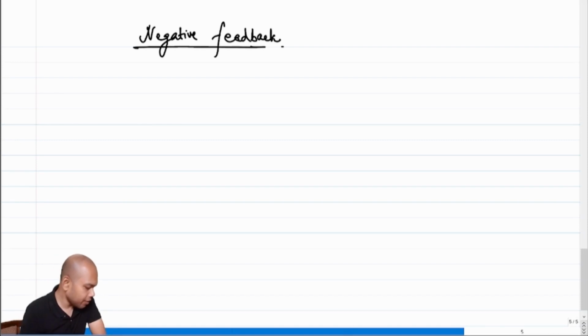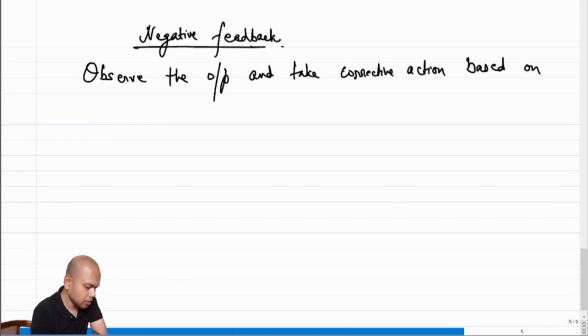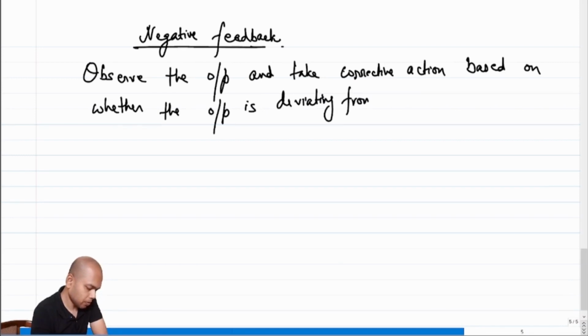So in very layman terms, negative feedback means observe the output, whatever the output might be, and take corrective action based on whether the output is deviating from the expected output.